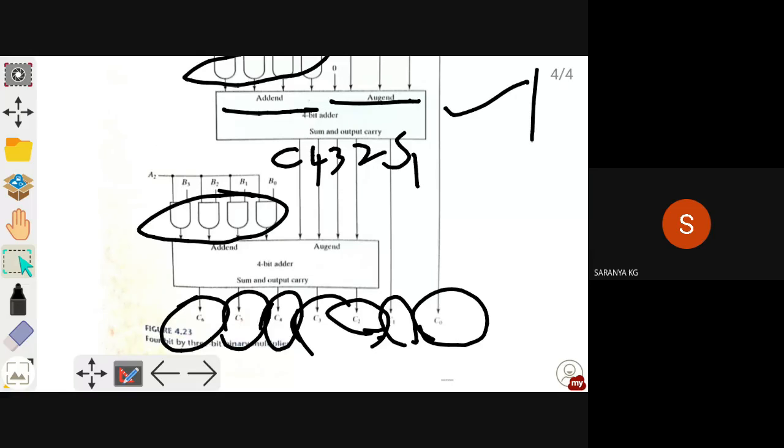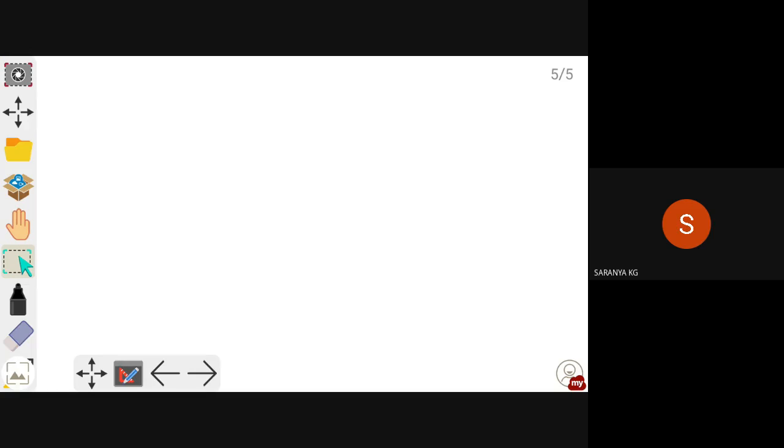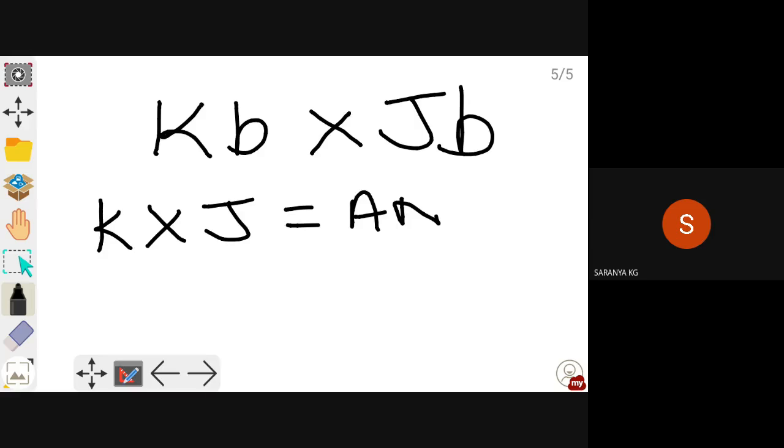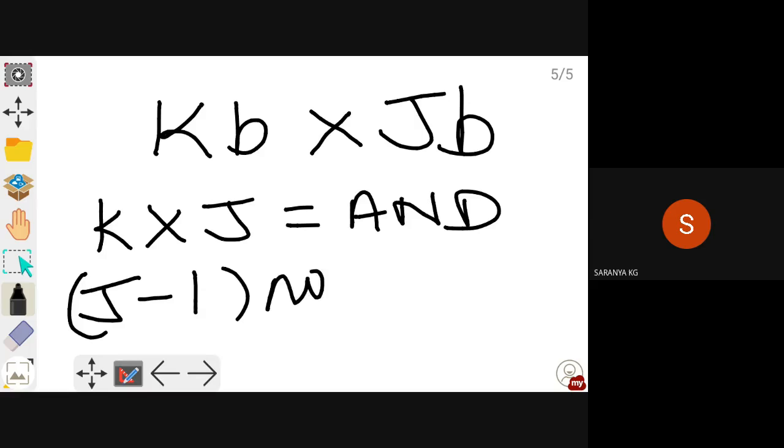So அப்படி போயிட்டே இருந்தது அப்படின்னா, suppose for example if you have a k bit you are going to multiply k bit versus j bit means then the number of AND gates used will be k into j, and j minus 1 number of k bit adders you are going to use.